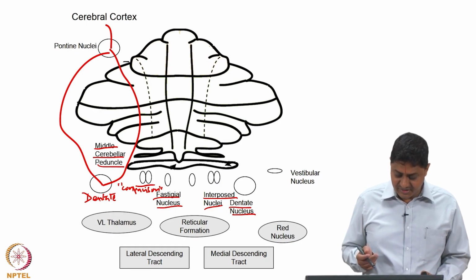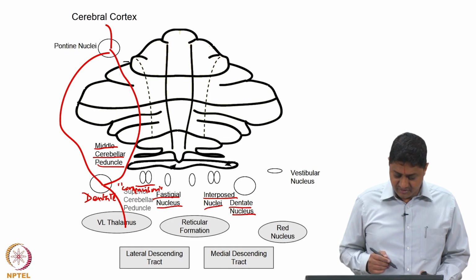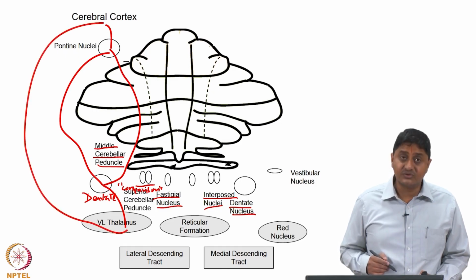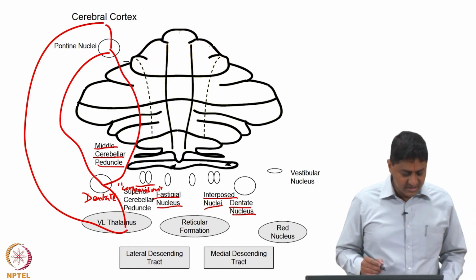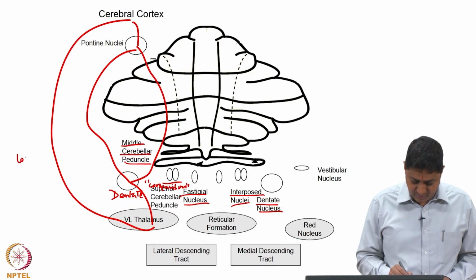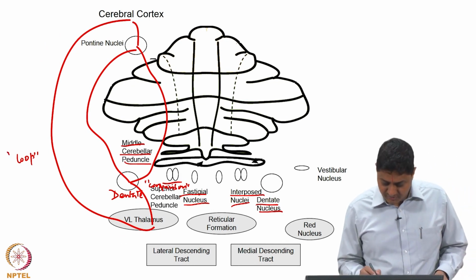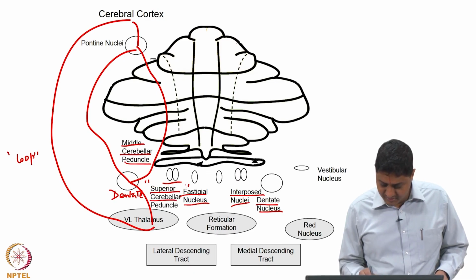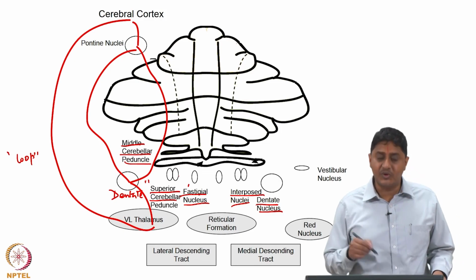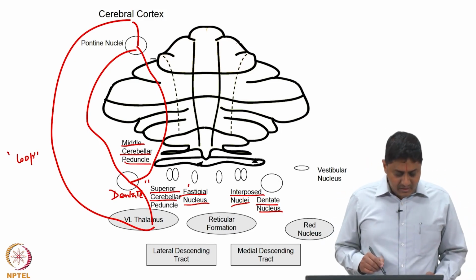From the dentate nucleus to the ventrolateral thalamus, and from the ventrolateral thalamus back to the cerebral cortex, thus forming one loop, right. And note the output from the dentate nucleus is through the superior peduncle, and the input is through the middle cerebellar peduncle, okay.